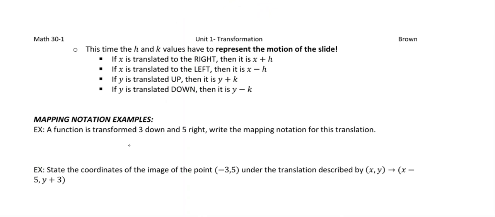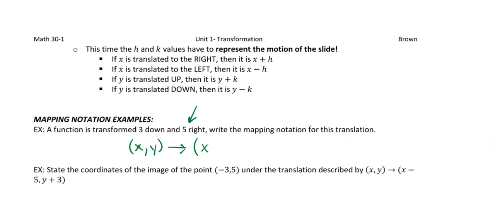So what that's going to be is we're going to say, okay, any value on the original graph, so any point x, y, and then you're going to draw an arrow. So it's going to turn into, well, x, and x is going to be your left and right.